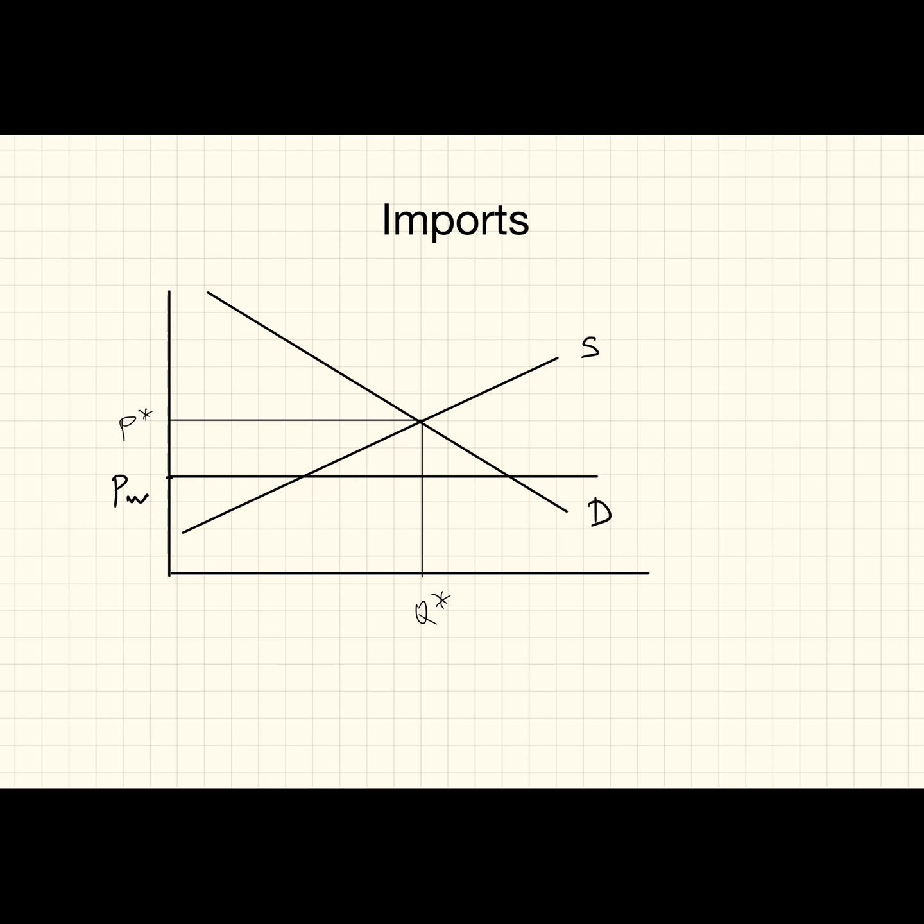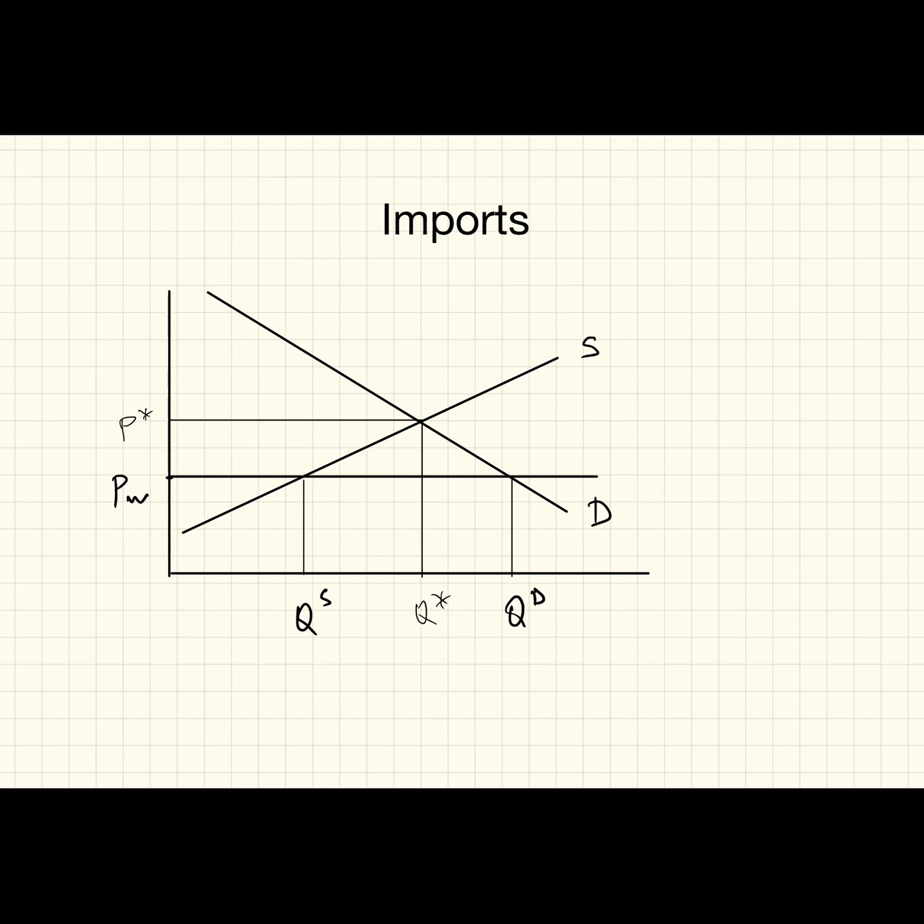And well, here the opposite takes place. Quantity supplied now drops, quantity demanded increases. And yeah, this is QS, this is QD. Basically the reverse of what we saw here.